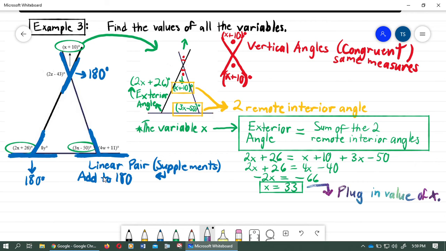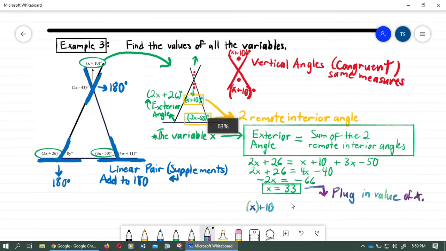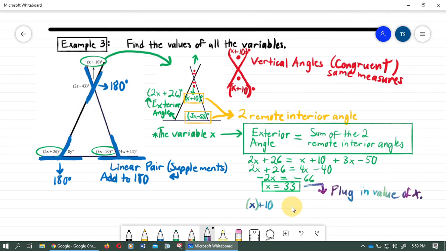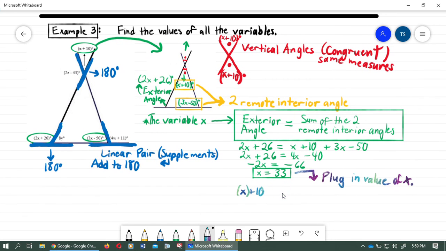If we do that for all three of those angle measurements, we had the x plus 10. I still want room to finish doing what we have to do for the rest of the variables. So x plus 10, if we plug in our value of x, 33, I'm going to zoom out a bit because I need the space here.